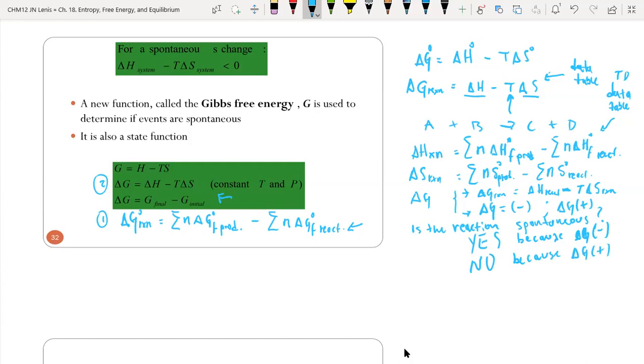So you see, when we find delta G, we really don't care about the magnitude. How big is that number or how small is that number? We don't need it now to do the prediction. In order to do the prediction, what we need to know is the sign. For all spontaneous processes, delta G must be negative.